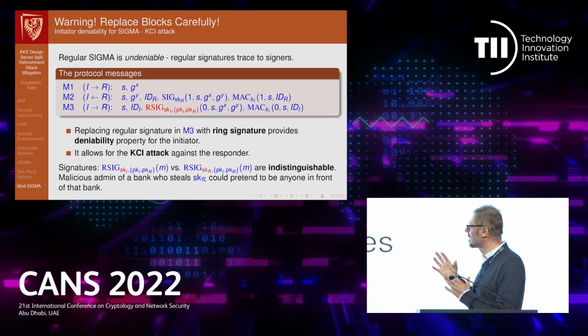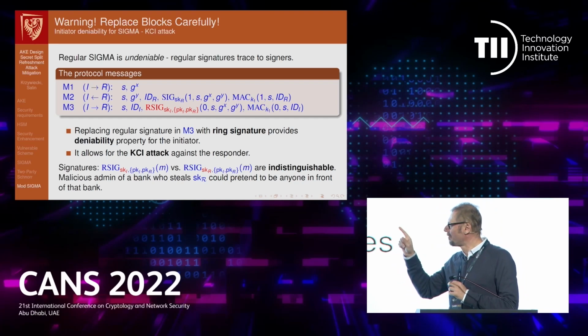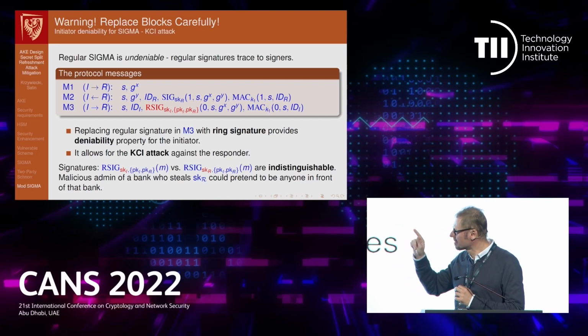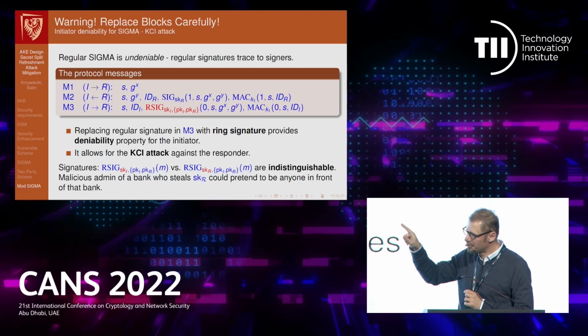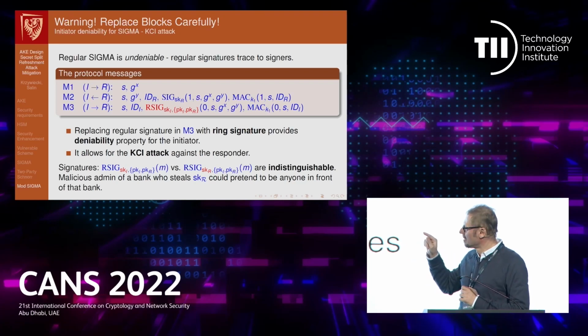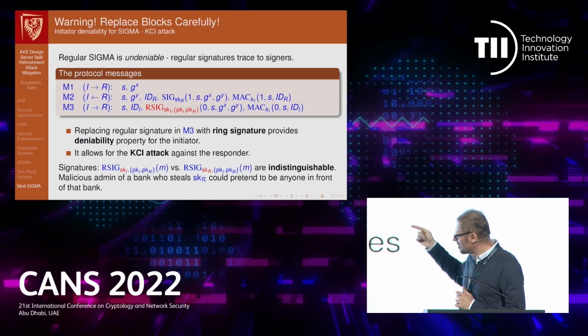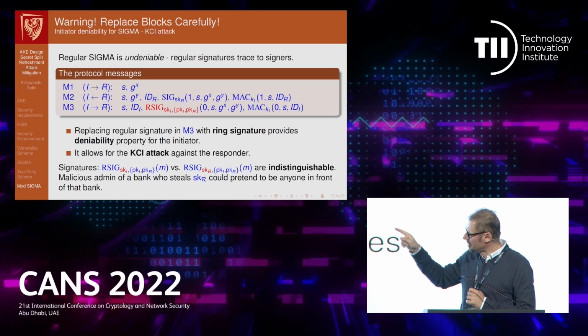Ring signatures are done with the secret key of a person that belongs to the anonymity set of that ring signature. So here we have the anonymity set that involves the public key of the initiator and the public key of the responder. So, for example, here in message 3, the initiator uses a ring signature with his secret key to sign that corresponding message using the anonymity set, using the public key of himself or herself, here Alice, and of Bob.